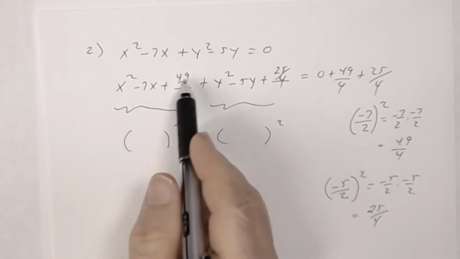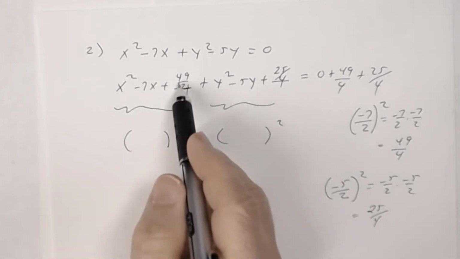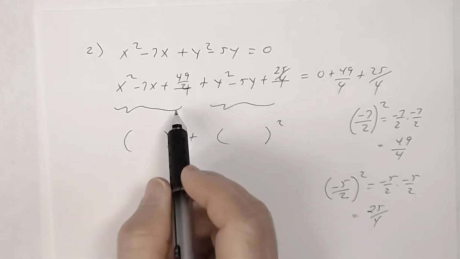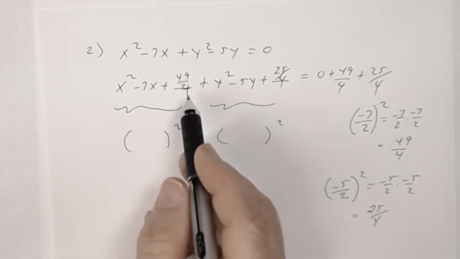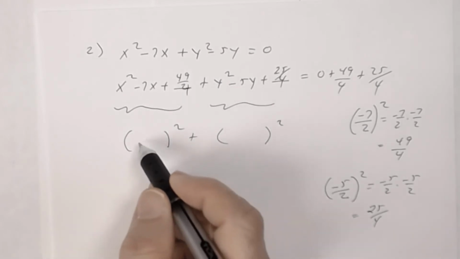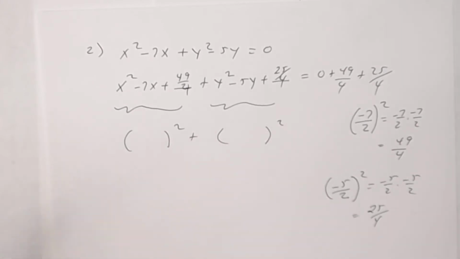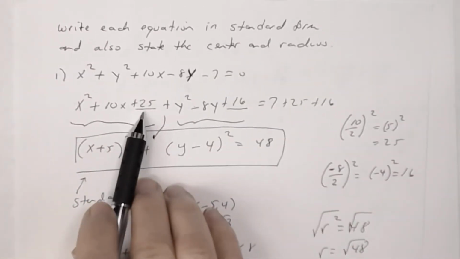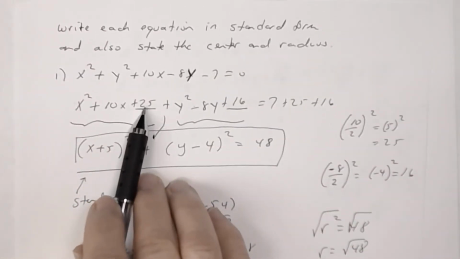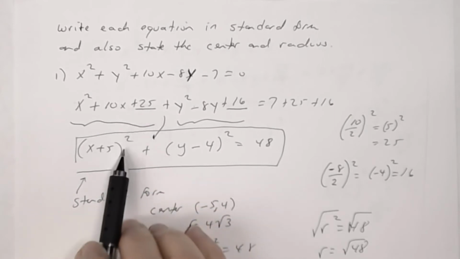Some students get thrown off because of that fraction here. Don't let it throw you off. It's easy to think about this. Remember when we did the previous one, if you go back to that previous problem, you see where that constant here was 25? Well, what times itself is 25? 5, right?